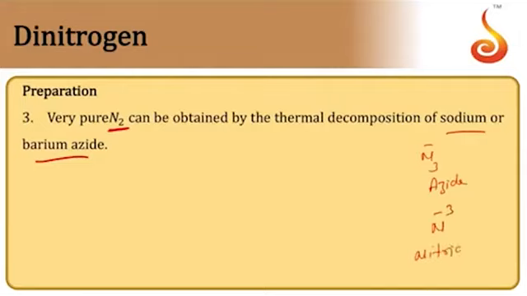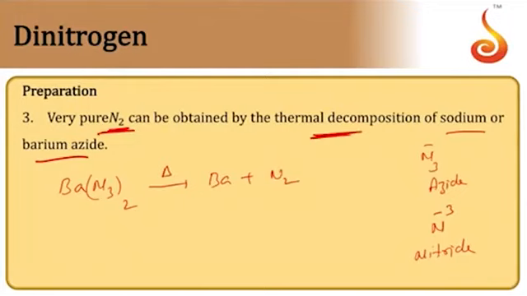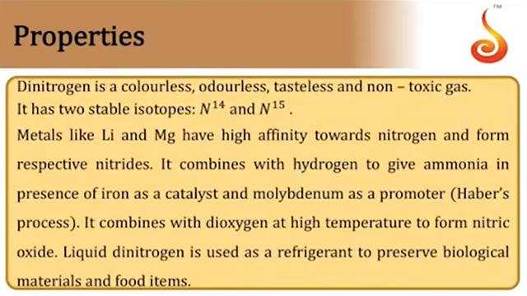Now barium azide, Ba(N3)2, on strong heating gives the elements, that is, it forms barium plus nitrogen. So very pure N2 can be obtained by thermal decomposition of sodium azide, or else you can use barium azide. With this we have done the preparations of nitrogen.